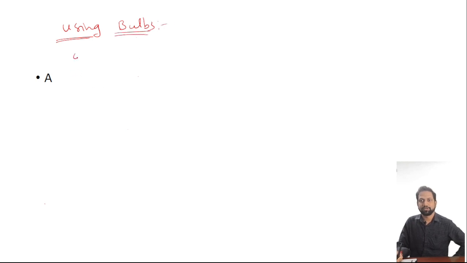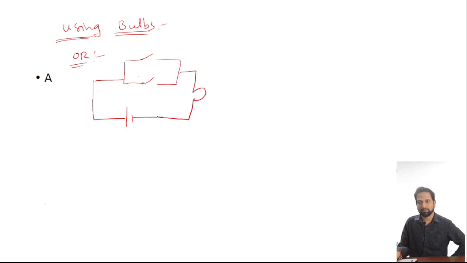Let us suppose we are constructing an OR gate. For an OR gate, if at least one input is high, the output should be high. So this is a supply. We can construct this diagram and the bulb is here. When the bulb glows, the output is high. This is input A and input B, with a key on each. If at least any one key is closed, then the output will be there. So this is an OR gate.